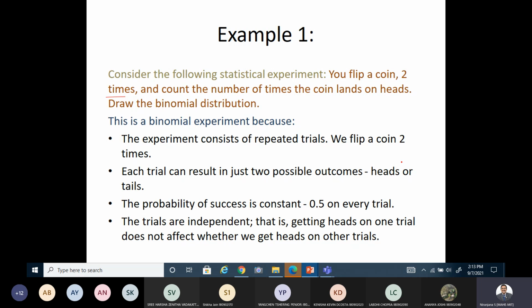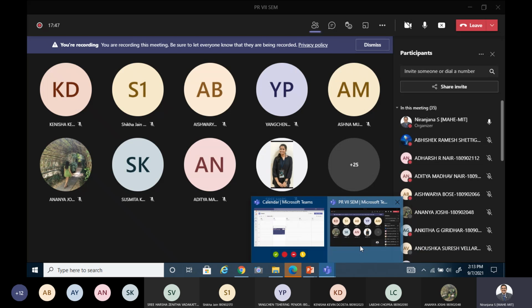When you toss a coin, you know that in each flip you will get head or tail, right? But getting a head is the focus here in this experiment, to describe a probability of getting head. Then there are 2 times tossing of coin is done. So what is the probability of getting a success, that is getting a head? Can you tell me, any one of you, when you toss a coin?